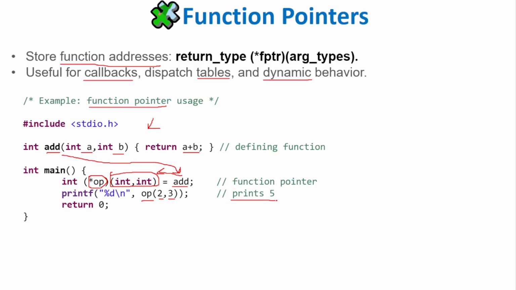As a result, the function returns 5, which is printed to the output. This example shows how function pointers allow functions to be treated like data and called dynamically at runtime in C.